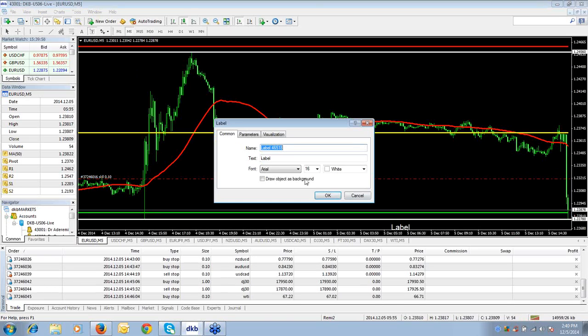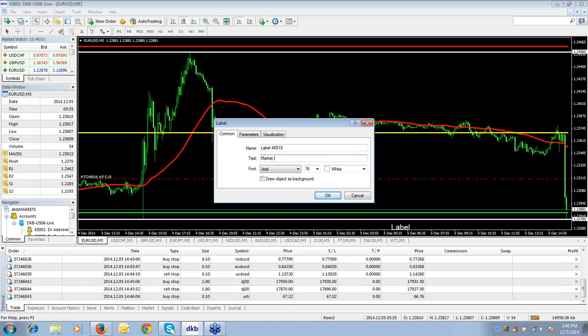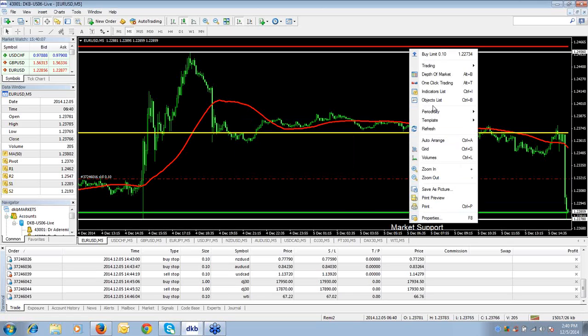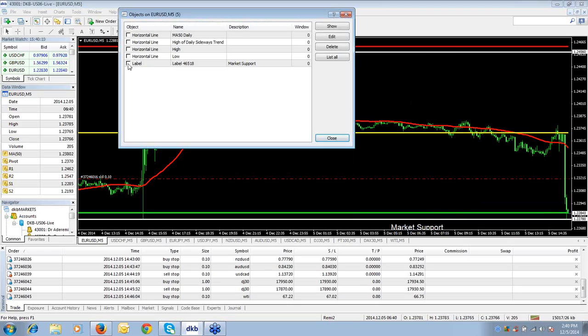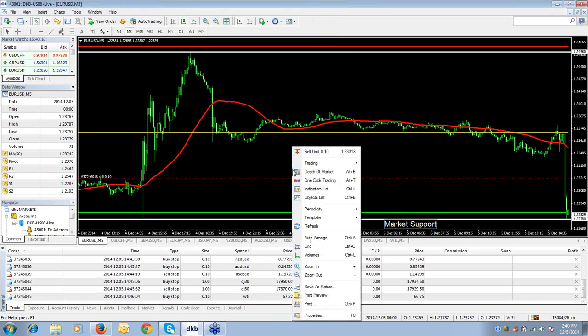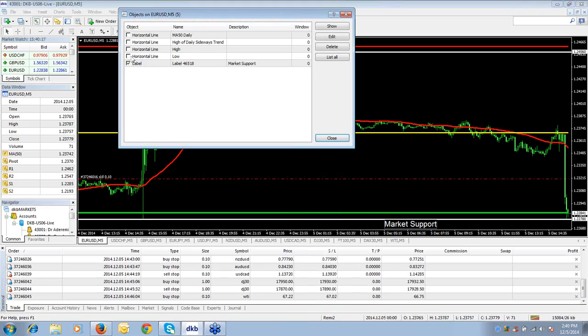So that's a market support. So that could be another potential point of entry if I need to get into the market again. There we go. So that's a market support that has formed.